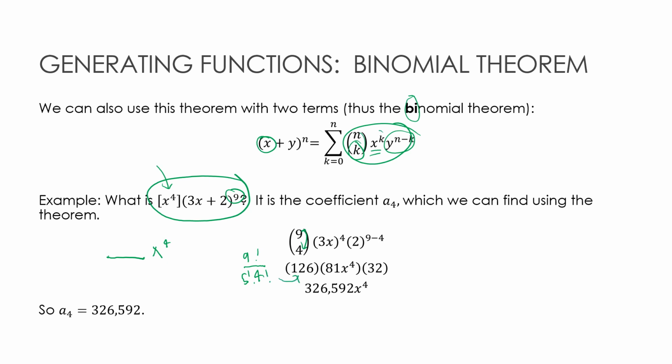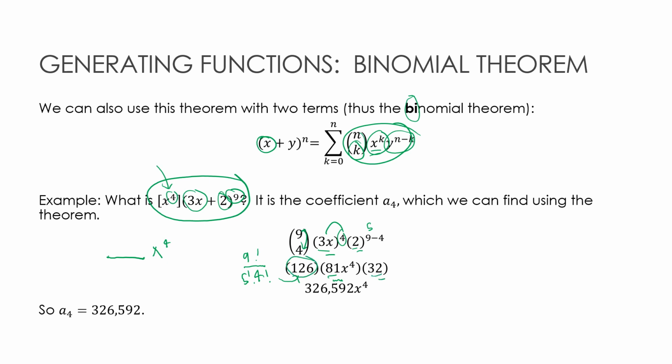And then x to the k, so that's 3x to the 4th power. So really I'm saying 3 to the 4th, which is 81. And then y to the n minus k, so 9 minus 4 is 5. So really I'm saying take 2 to the 5th power, and 2 to the 5th power is 32.